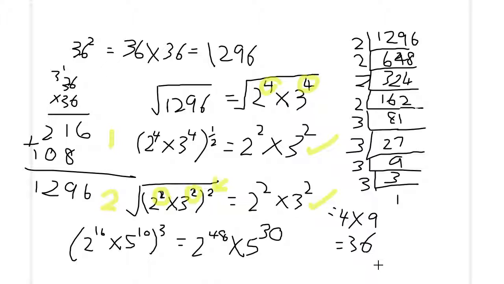I hope this has given you a better understanding of how you can use prime factorization to determine the square root of a certain number, and you can do this without a calculator.